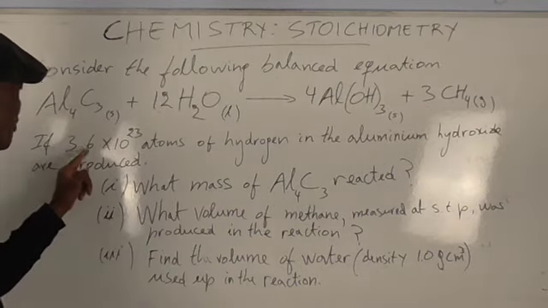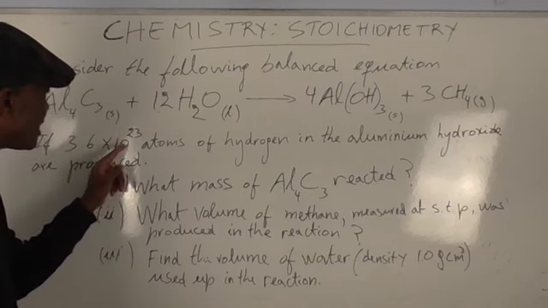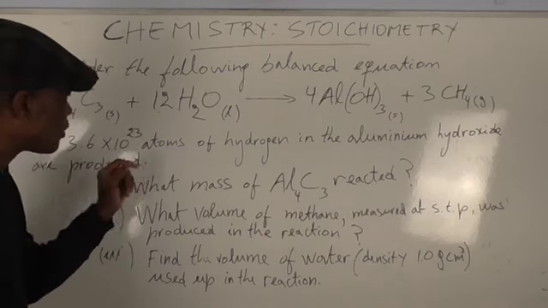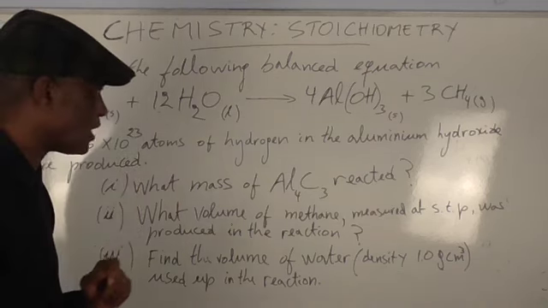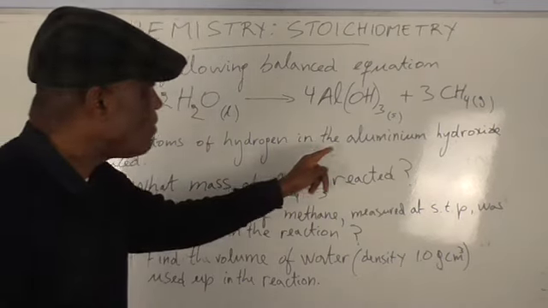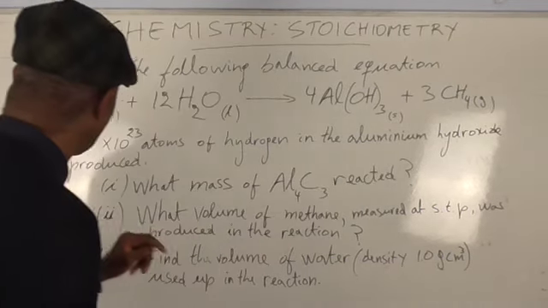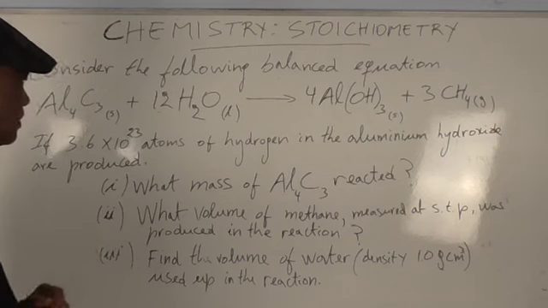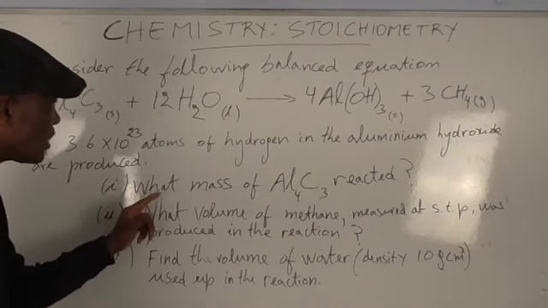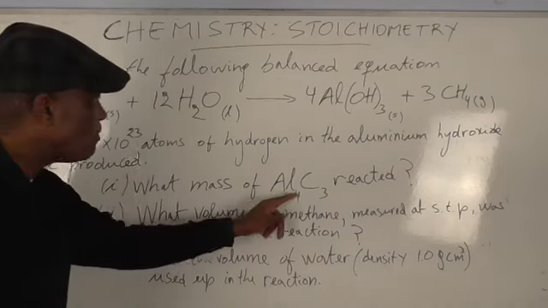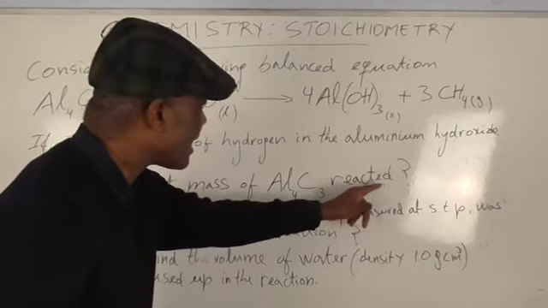If 3.6 multiplied by 10 to the power 23 atoms of hydrogen in the aluminium hydroxide are produced, what mass of aluminium carbide reacted?